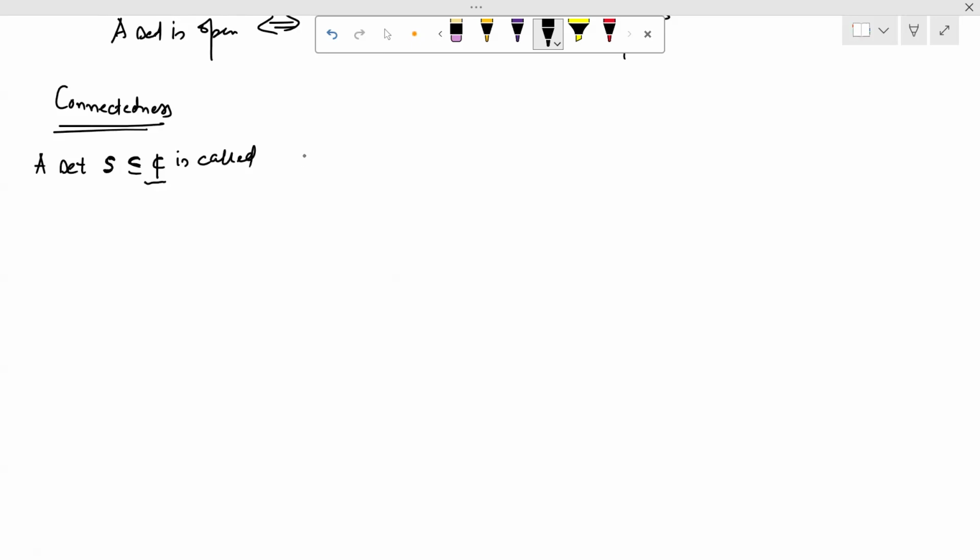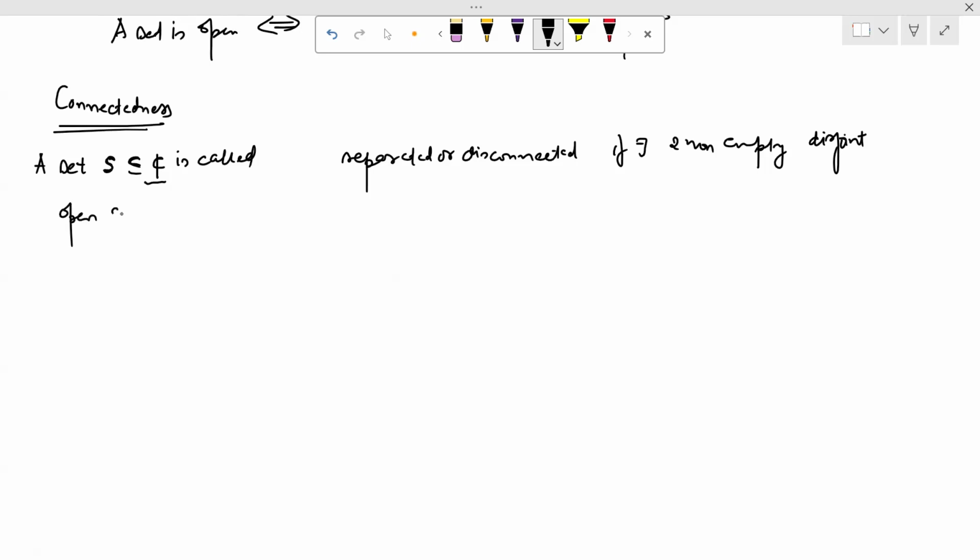Okay, is called, what should I write? Is said to be separated or disconnected when there exist two non-empty disjoint open sets A and B such that S is a subset of A union B, and S intersection A is non-empty, and S intersection B is also non-empty.